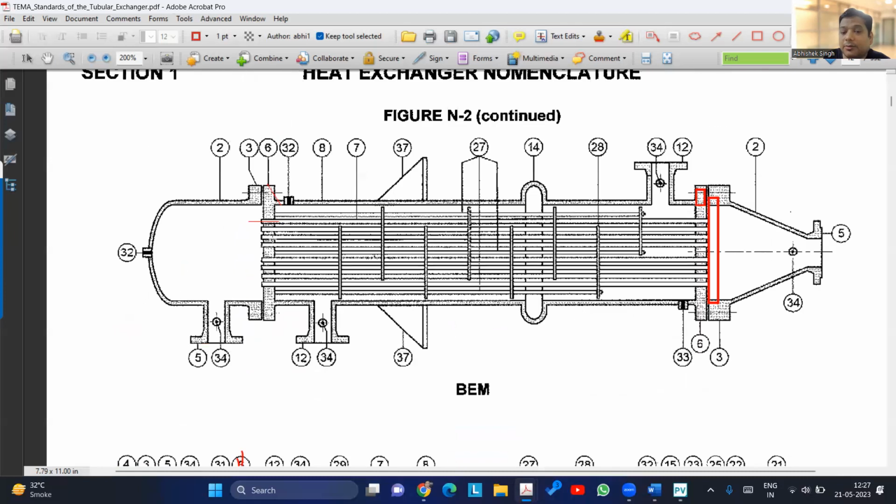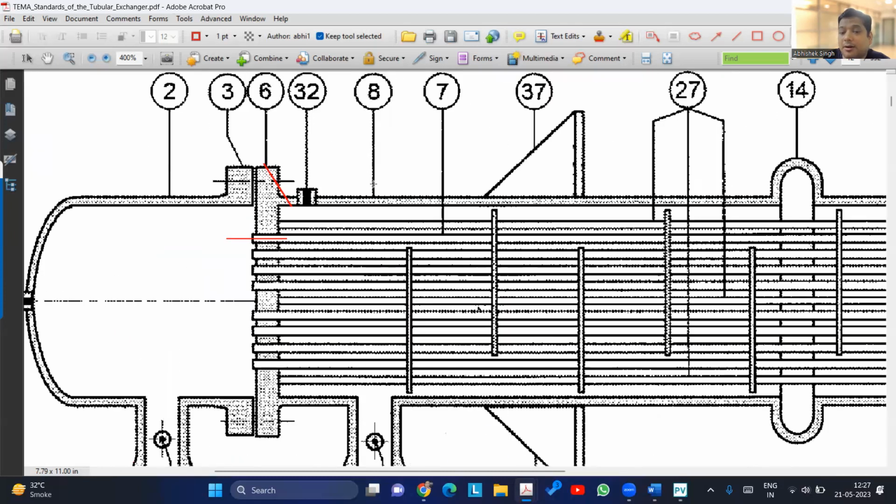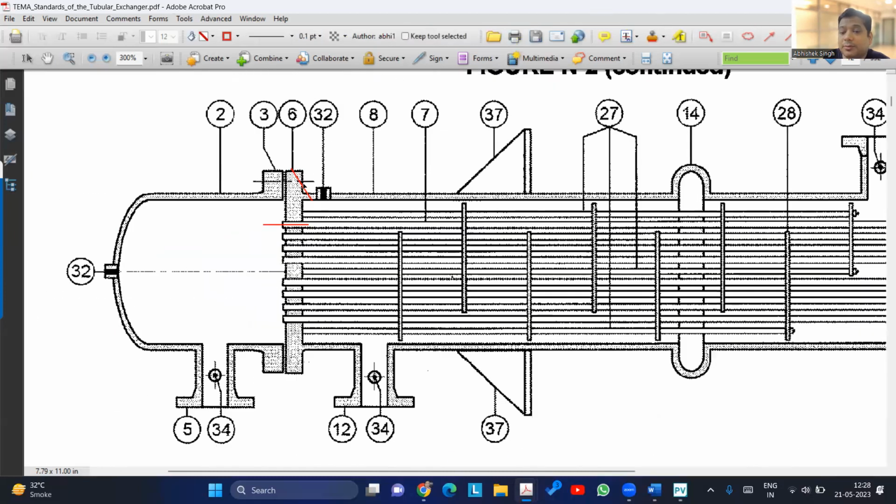Just consider the same phenomena. Consider that this is a sandwich type of tube sheet and there is a flange which is welded with the shell. In this case, if I bolted this channel, then I will not be able to access the tube to tube sheet.